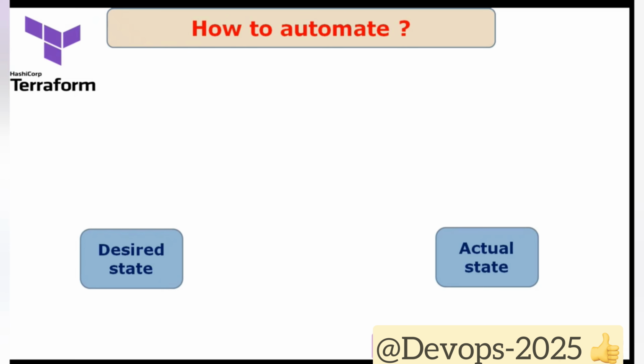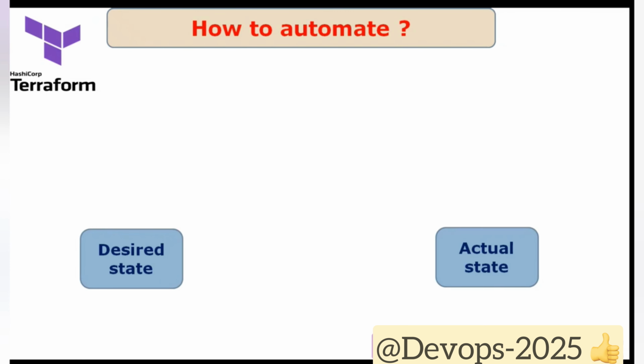So what we will do is we will use automation, and we will tell the automation what our desired state is. Example, I need 15 servers, I need a load balancer, I want networking, which is called VPC, or I want some storage, or I want some scaling.